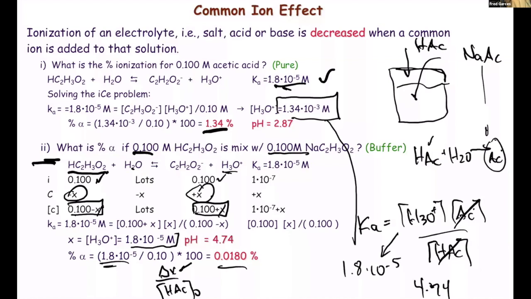When you have a chemical in solution so that the hydronium or the hydroxide doesn't change significantly, so the pH remains basically constant, then you have a buffer solution.